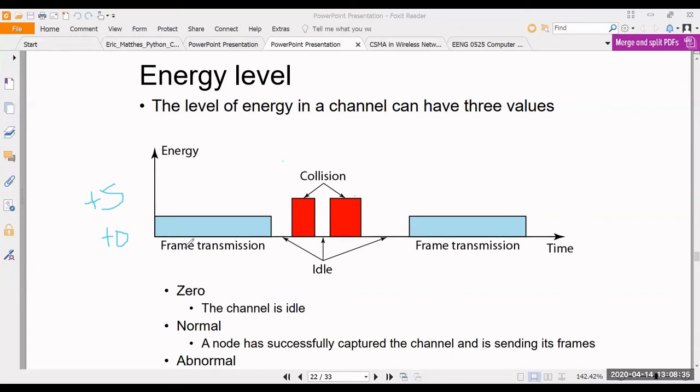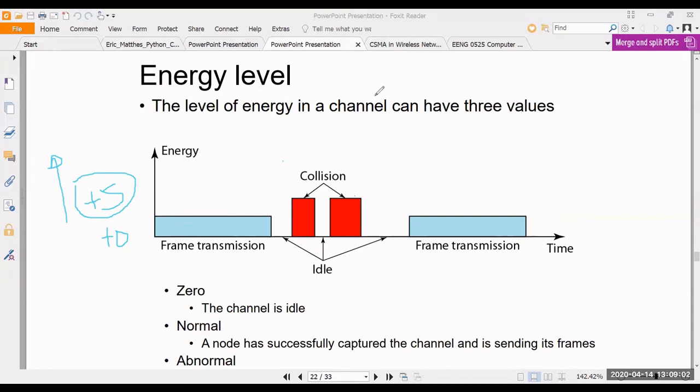So these are the two techniques that help us determine the collision. Whenever two frames crash, that's the collision, and the normal value we have spikes up to a higher value, higher than the 5. That is how we detect whether there is a collision.